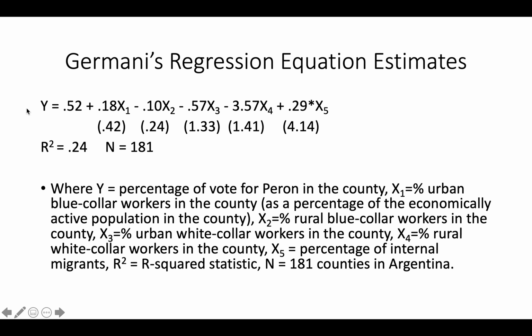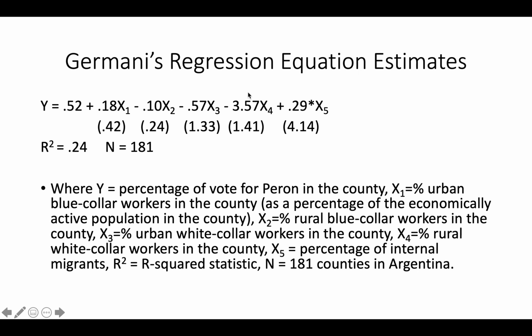Y is the percentage of vote for Perón in the 181 counties in Argentina, equivalent to US states. X sub 1 is the percentage of blue-collar workers in the county as a percentage of the economically active population in the county. X sub 2 is the percentage of rural blue-collar workers in the county. X sub 3 is the percentage of urban white-collar workers in the county.